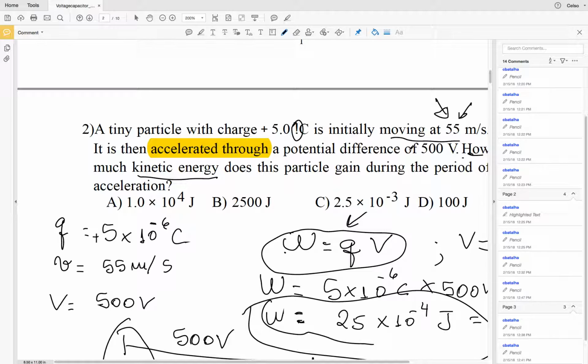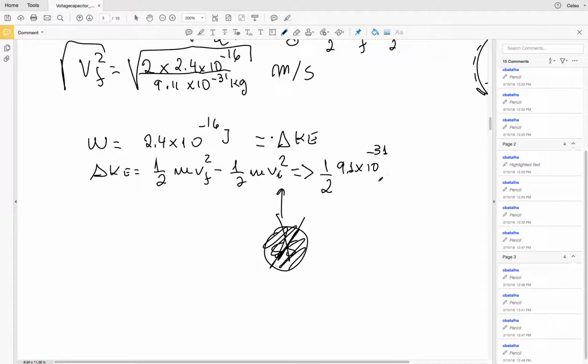So let's go to this problem now. You put a 0 here. So you have half the mass of the electron, 9.1 times 10 to the minus 31, times the final velocity squared, which I don't know, minus half the mass of the electron times 0 squared. Now 0 multiplied by mass divided by 2 is 0.